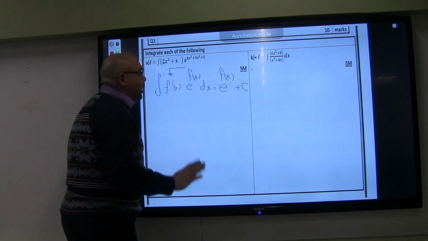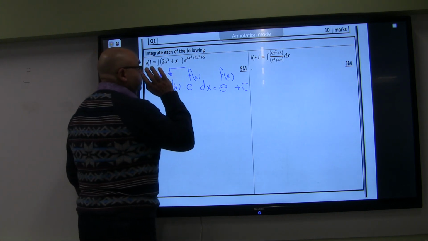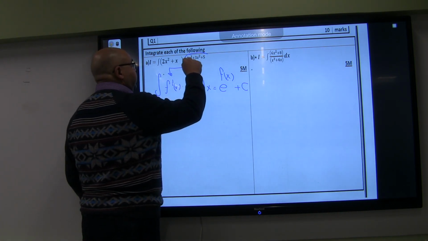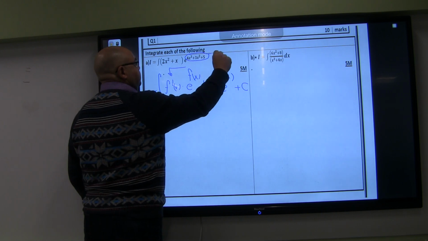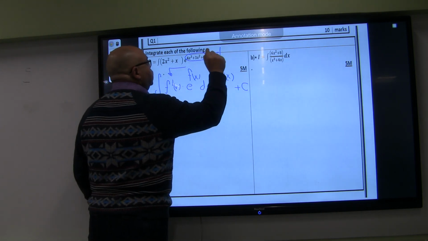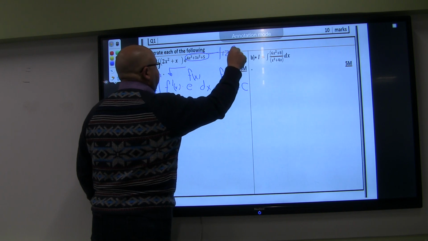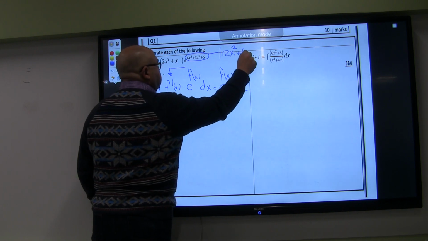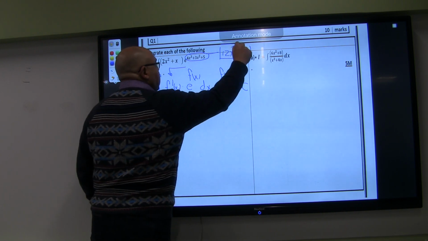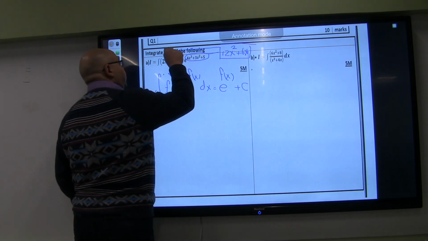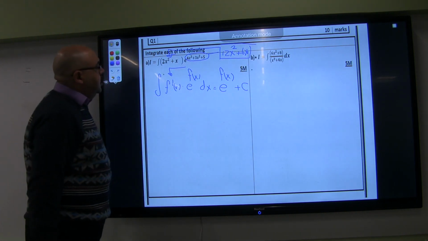So all I have to do is to be sure that the derivative of 4x cubed plus 3x squared, which is simply 12x squared plus 6x, already exists.